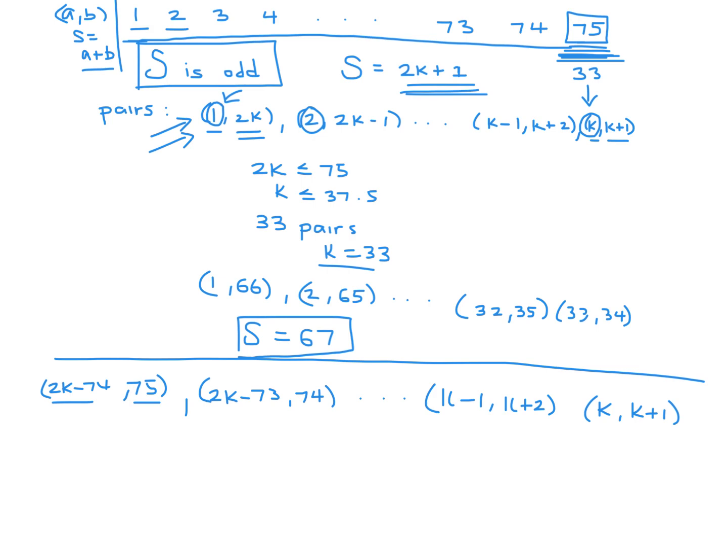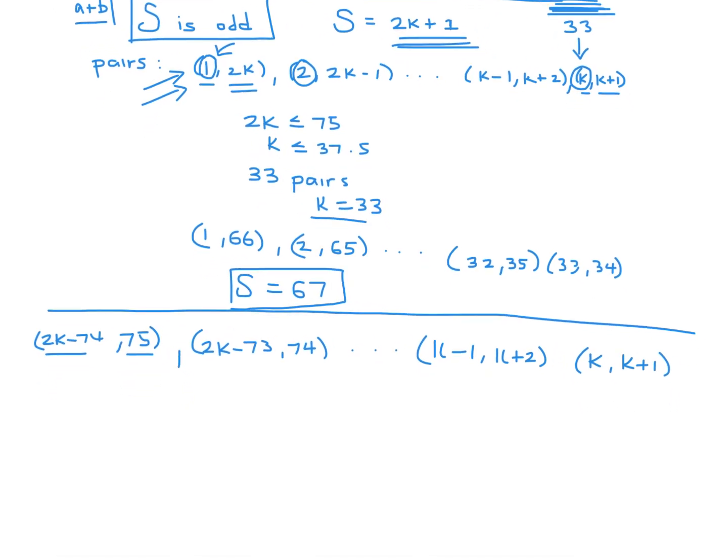The same story: we need 33 pairs. If you're counting down from 75, 74, all the way to k plus 1, then k plus 1 has to be 75 minus 32, which is 43.